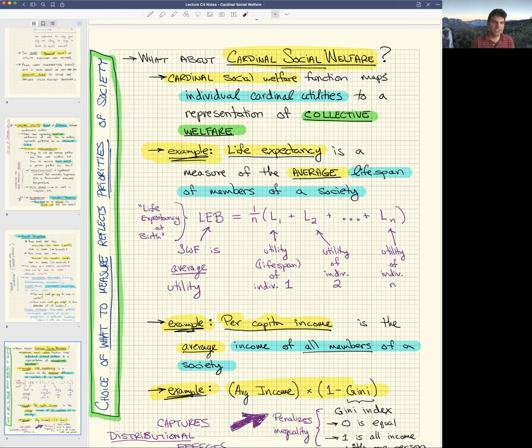Cardinal social welfare. The idea is that we want to be able to measure collective welfare. Part of the reason we needed an absolute scale at the level of individuals is we need a way to combine individuals together. Just like in that hospital, I need to make sure that the pain scale in one room matches up to the pain scale in another room for me to be able to compare how people are doing.